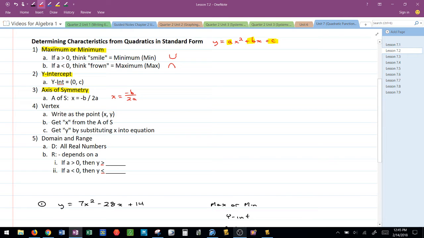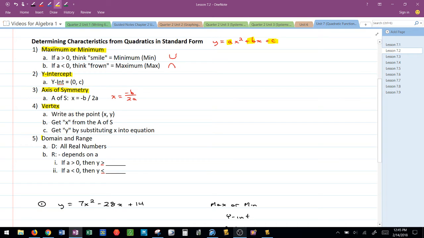And then we have to simplify that fraction, all right? After we find the axis of symmetry, we now know a value of the vertex. We're going to write it as x comma y, and the x came from the axis of symmetry value. To find y, you substitute x into the original equation and simplify to find y.